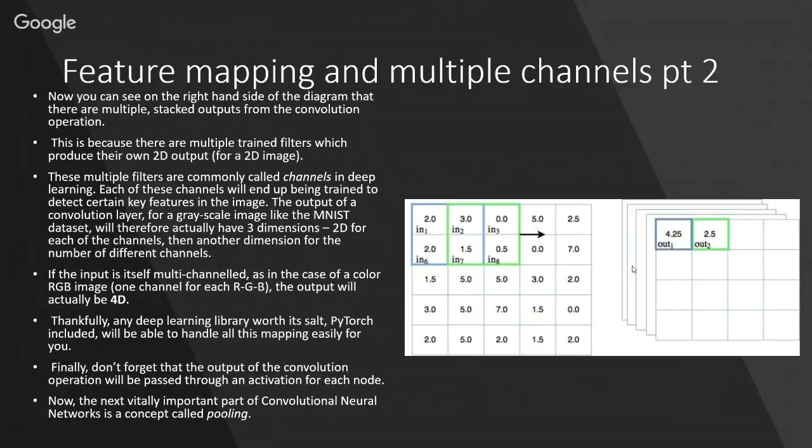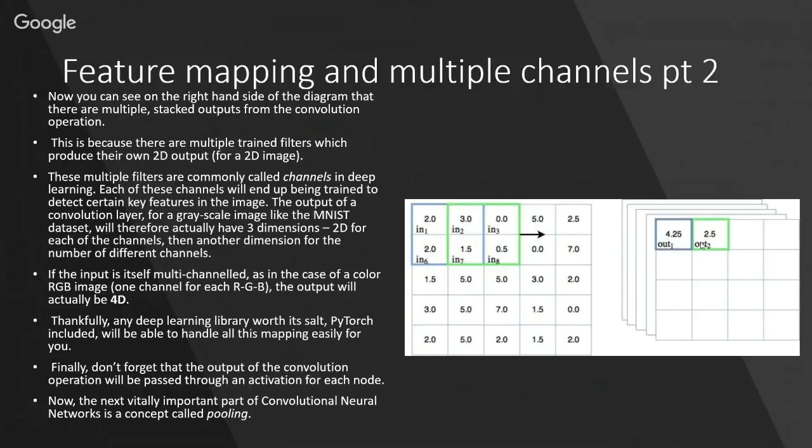Thankfully, any deep learning library worth its salt, PyTorch included, will be able to handle all of this mapping easily for you. Finally, don't forget that the output of the convolution operation will be passed through an activation for each node. So now the next vitally important part of the convolutional network concept is called pooling.